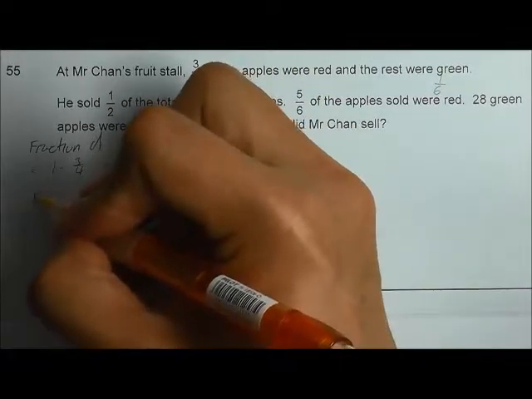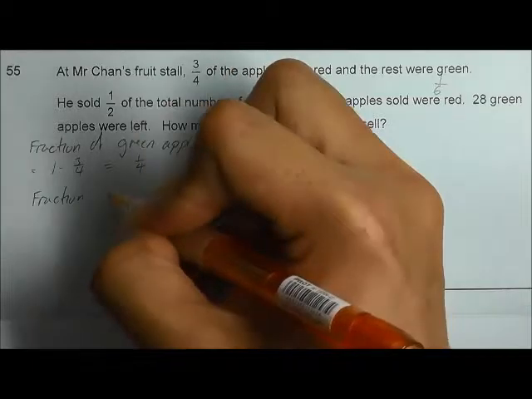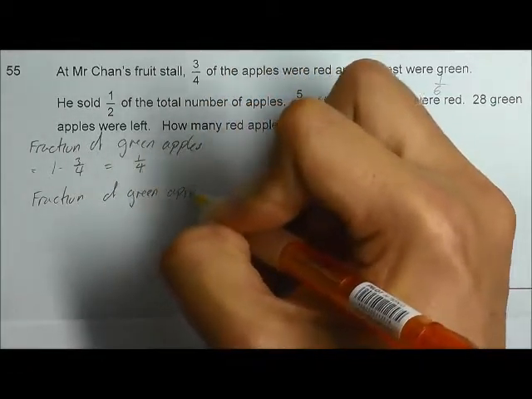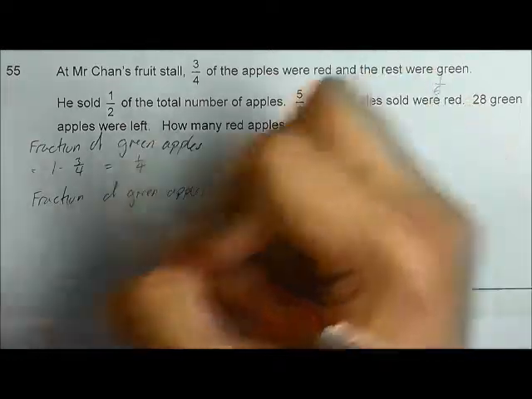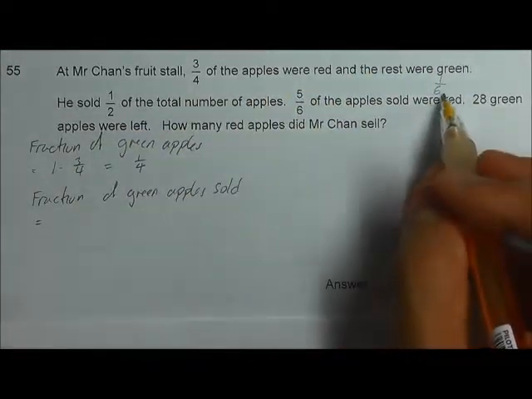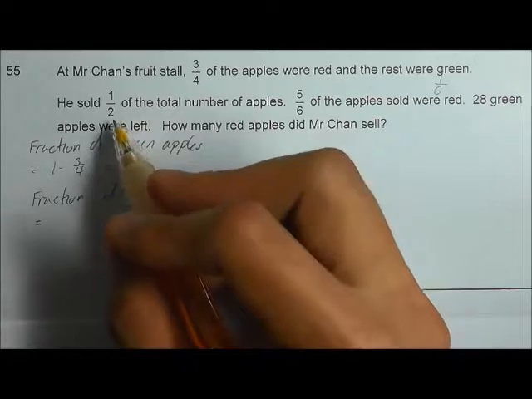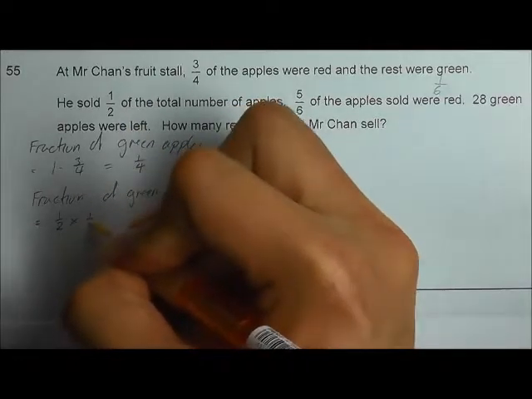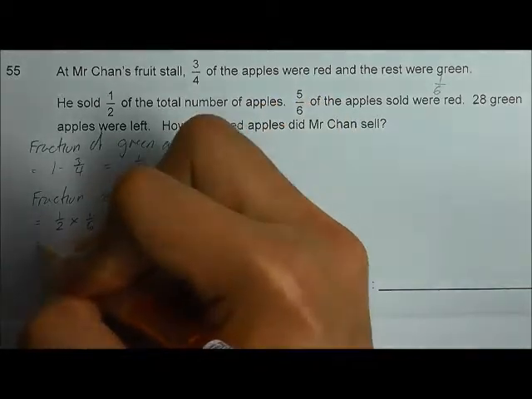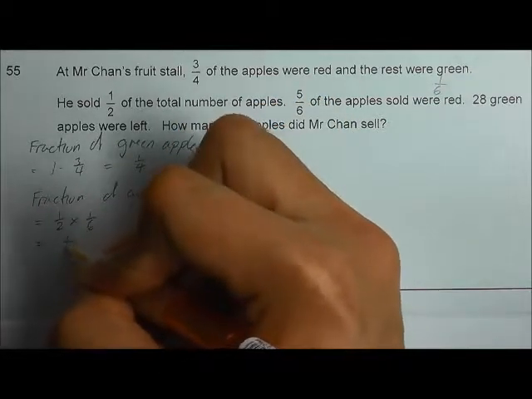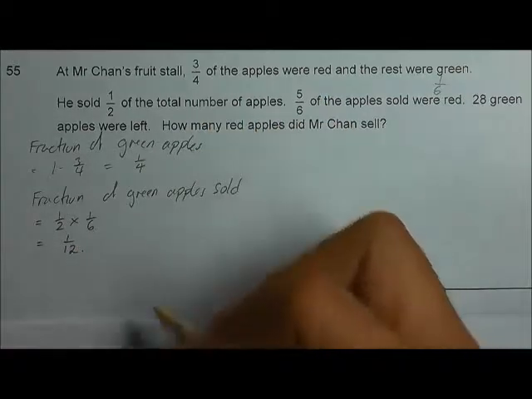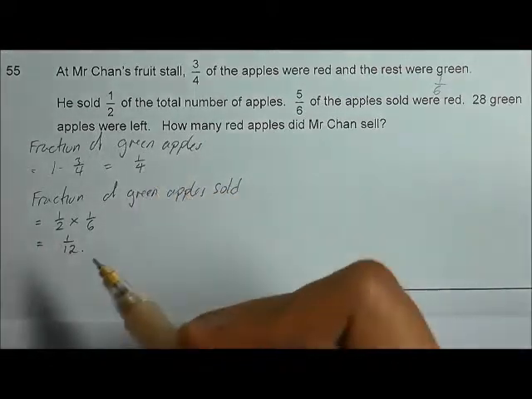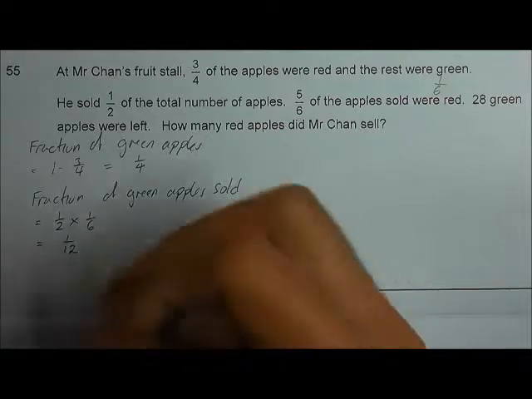So the fraction of green apples sold has to be 1/6 of half the total number. So it will be half times 1/6. That will give us 1/12. So he has 1/4 of the total apples green, and then he sold 1/12 of them.